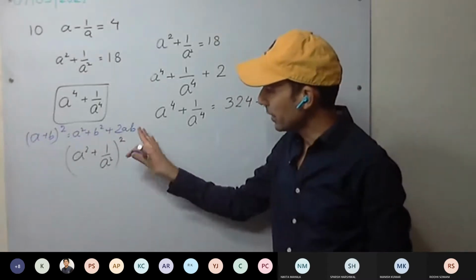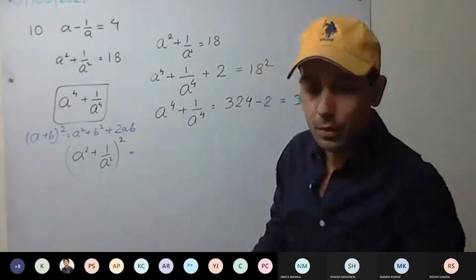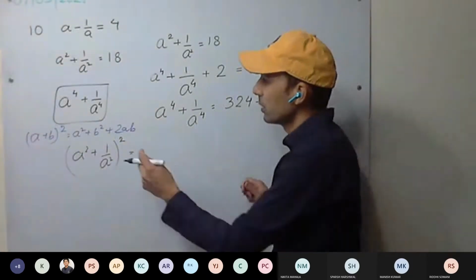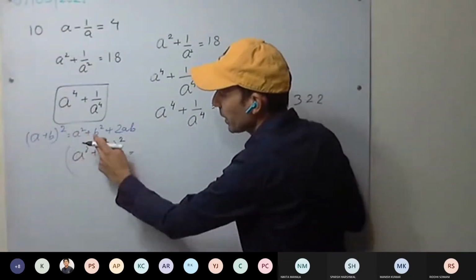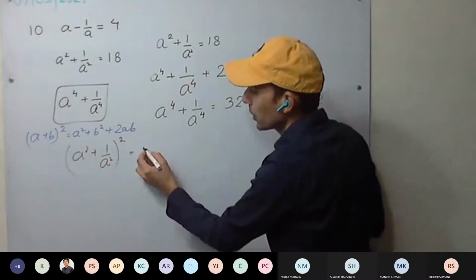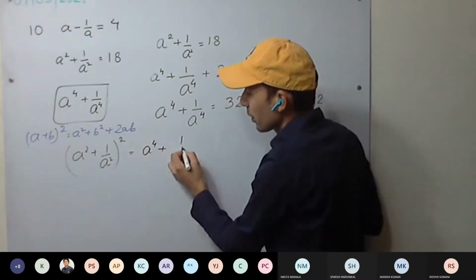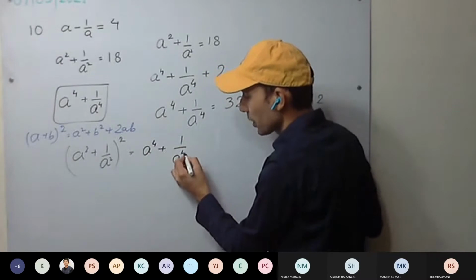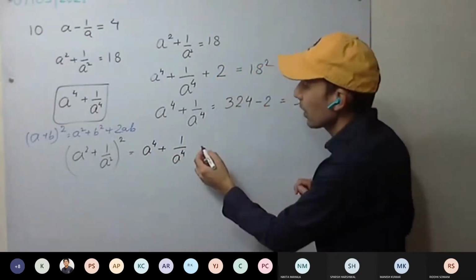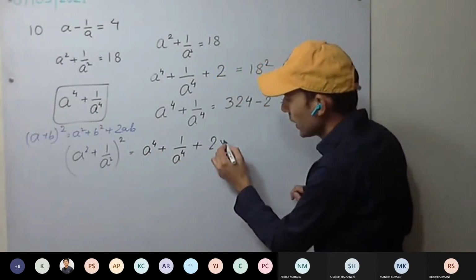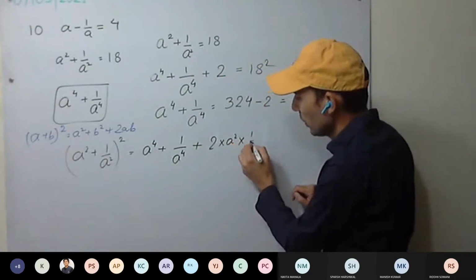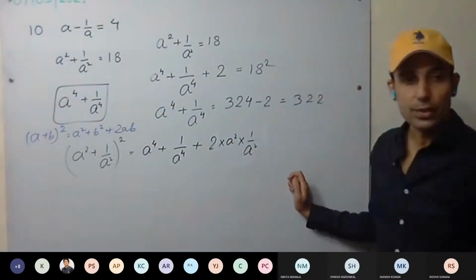If we remember this identity, apply it on this, where a equal to a square, b equal to 1 upon a square. Put them. a square square, a raised to power 4. 1 upon a square square, raised to power 4. Plus 2 into a square into 1 upon a square. Understood this one now?